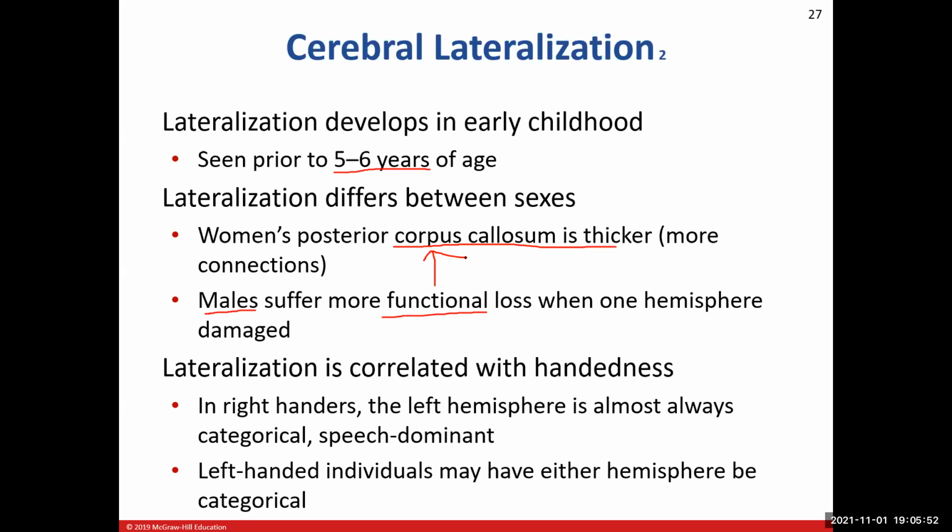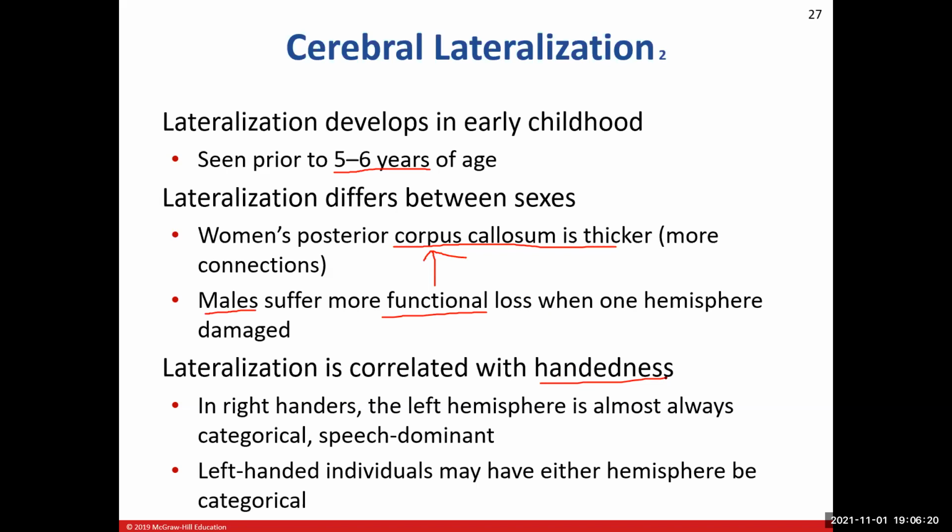We found out through experimentation and studies that lateralization correlates to whether you're a right-handed person or a left-handed person. Most folks, like myself, I'm a right-hander, the left cerebral hemisphere will be the categorical hemisphere. That's that speech dominant hemisphere. But when it comes to a left-handed person, all bets are off.